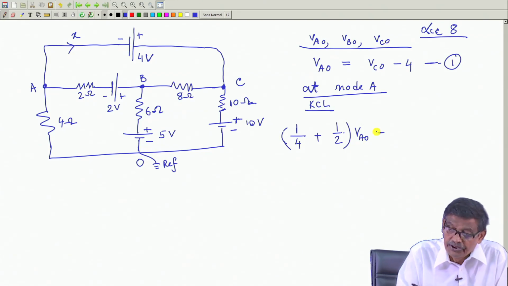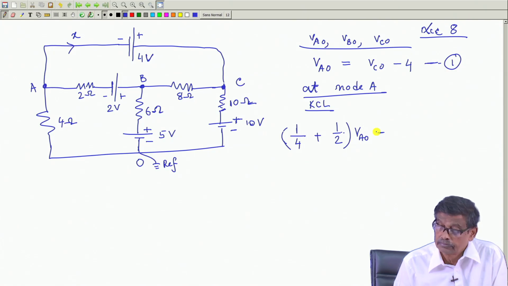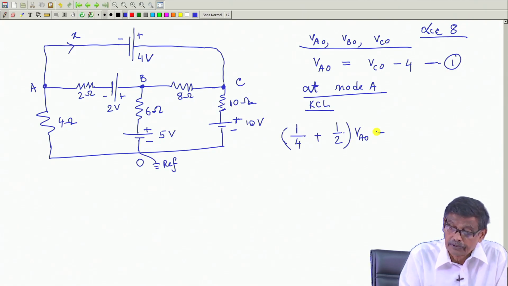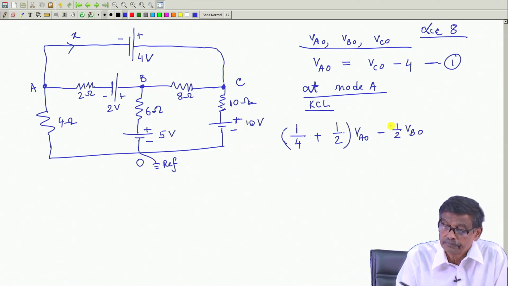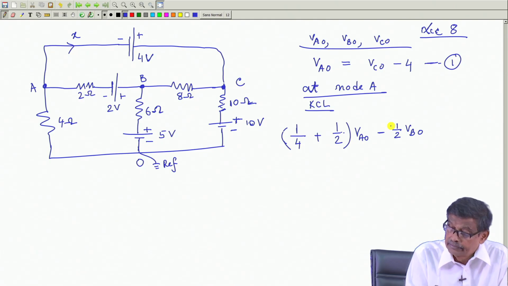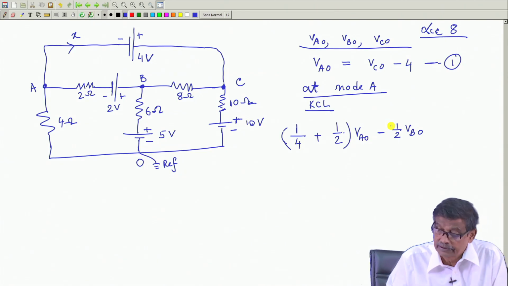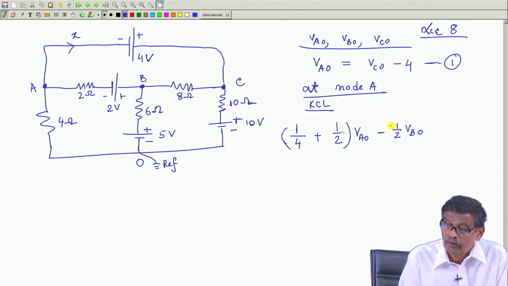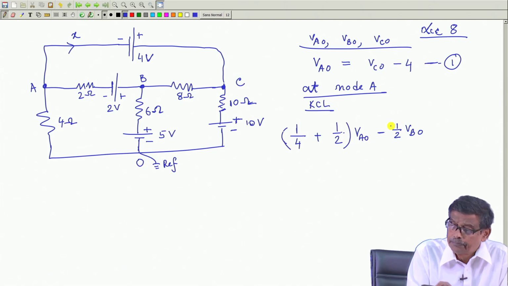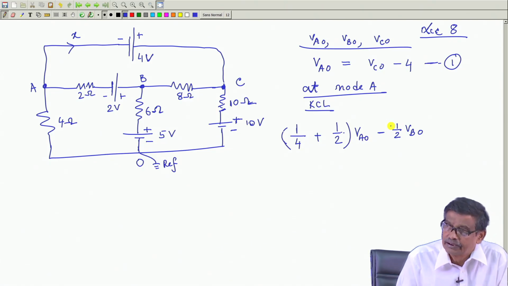Minus coefficient of VB0 at node A will be minus half into VB0, is not? Correct, minus 1 by half VB0. So, at node A this current is VA0 by this one. So, all the currents I have taken, this current and this current is only involved. BC0, because that branch that current I have assumed to be x ampere.